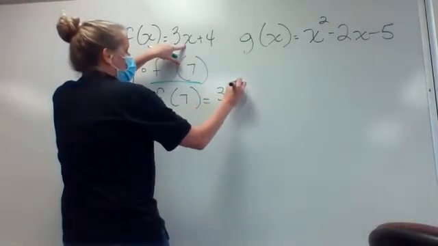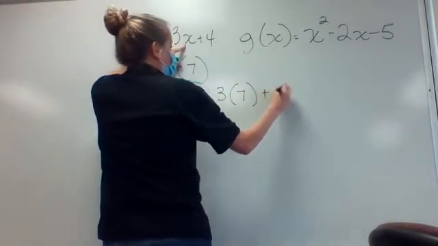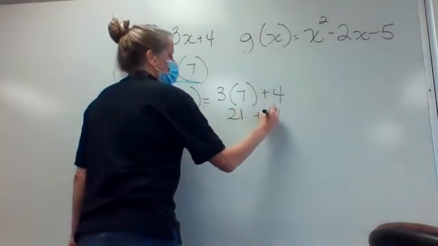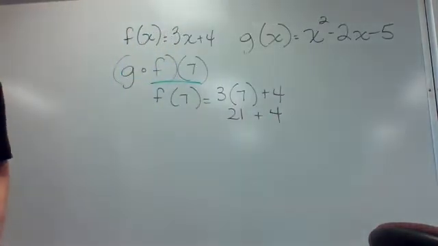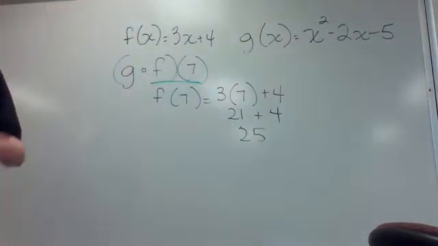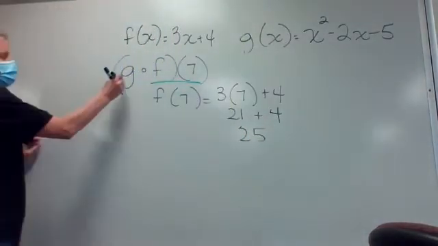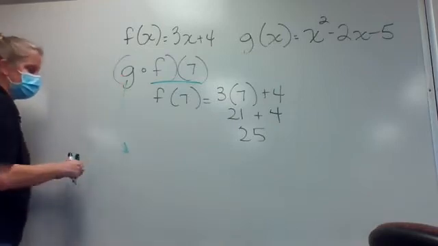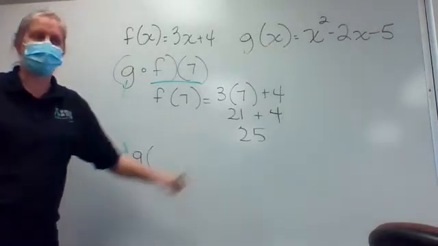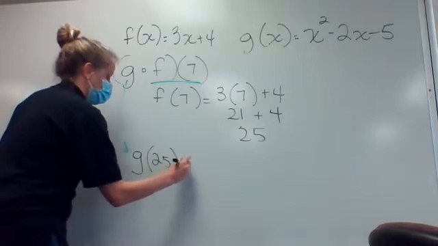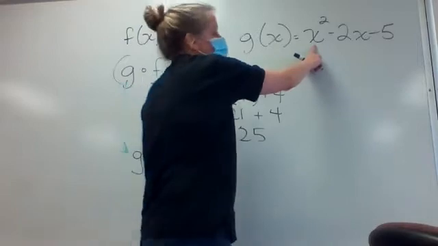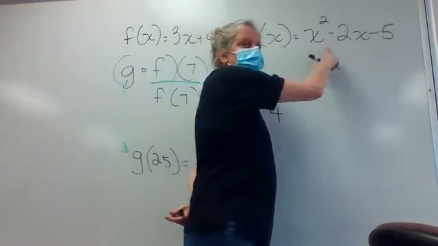So in other words, I have 3 times 7 plus 4. So 3 times 7 gives me 21, plus 4 gives me 25. And remember, that's just half of it. Now, where am I going? Whatever this letter is comes down. And what are you finding g of this time? 25, your last answer. Which means come to g and replace its x's with 25s.